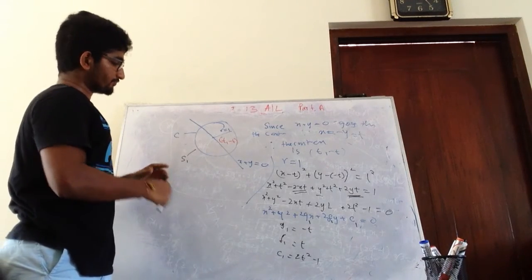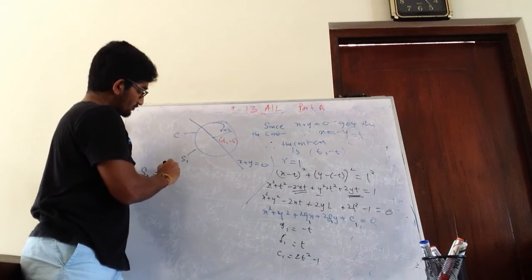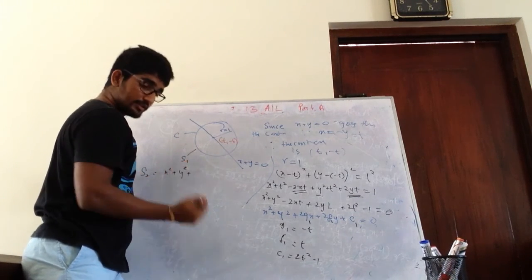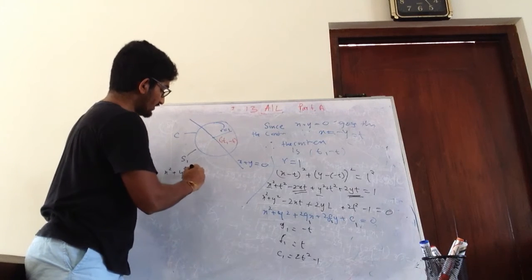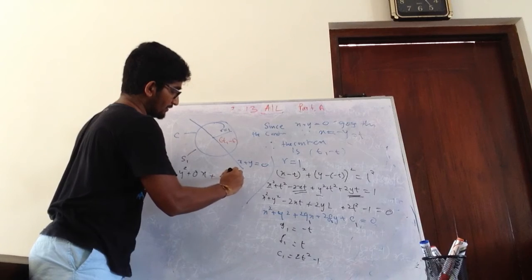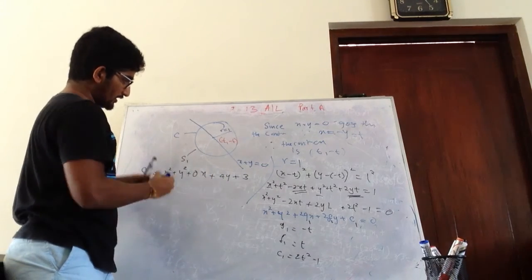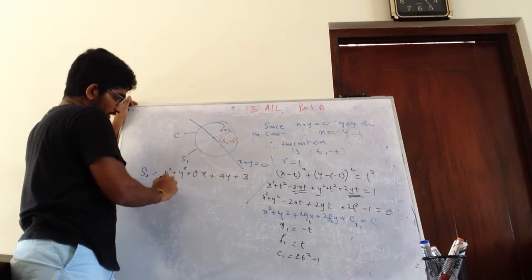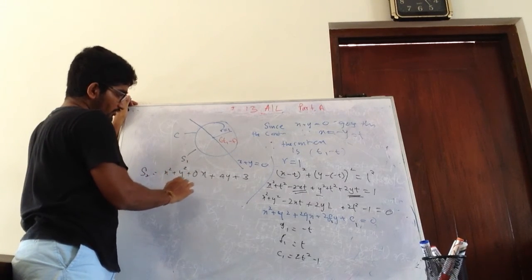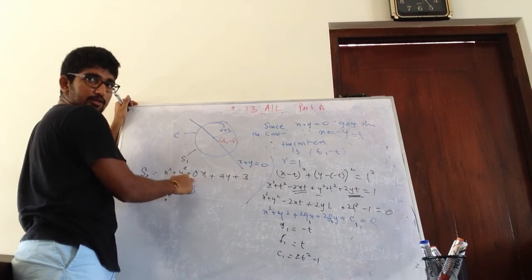So now, what is the S2 curve? They have given x square plus y square, then there is no x component, so basically 0x plus 4y plus 3, right? So now here we can say that G2 is going to be 0, right?